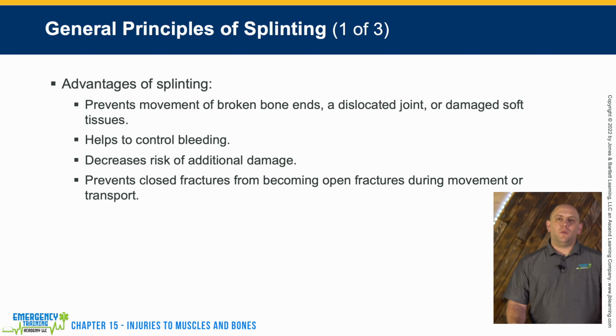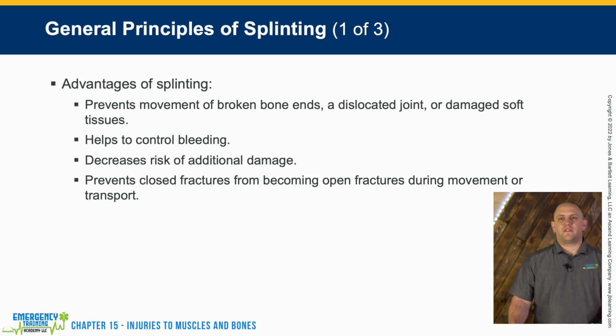The reason we want to splint is it prevents any excessive movement of the broken bone or the dislocation. And as we said, we want to make sure that there isn't excessive movement so that we don't damage any of the blood vessels or nerves that are surrounding those bones.